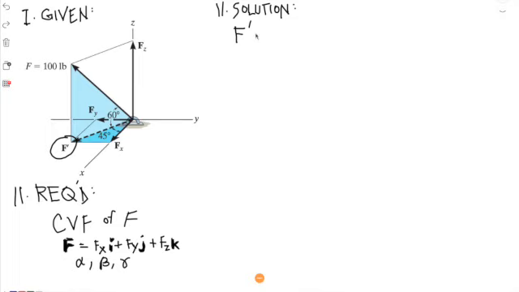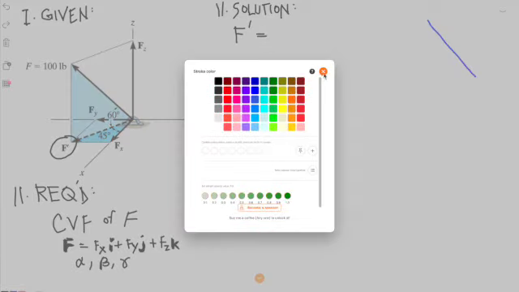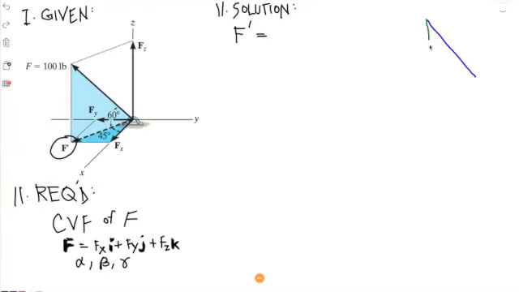So here F prime, by trigonometry, let me just draw that separately for you to better visualize it. We have actually a triangle where this is 60 degrees.